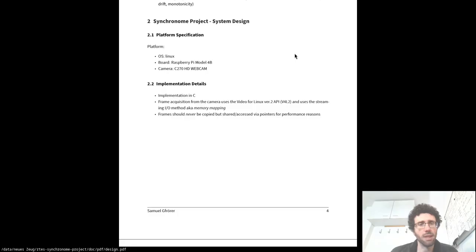The software is written in C and uses the Video for Linux driver as a layer between the camera and the software.